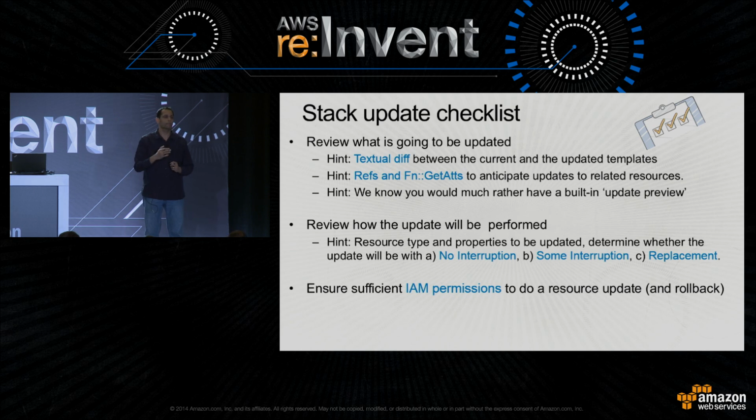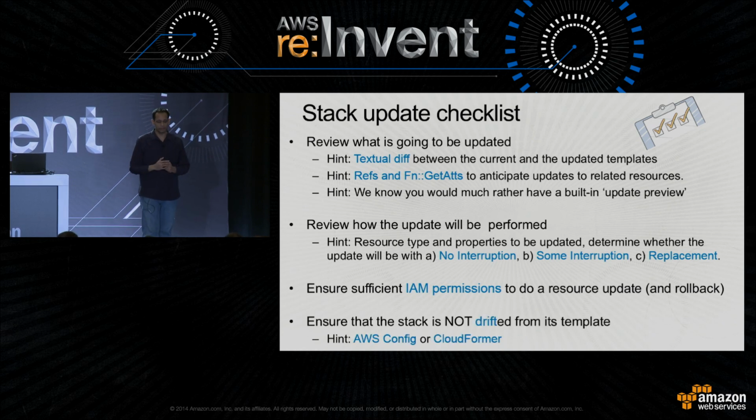The reason is, if an update fails, CloudFormation wants to roll back to the last known good state. So oftentimes we see cases where there is permission given to go forward, but if something fails during an update, there are no permissions to go backwards, resulting in an update rollback failed state.